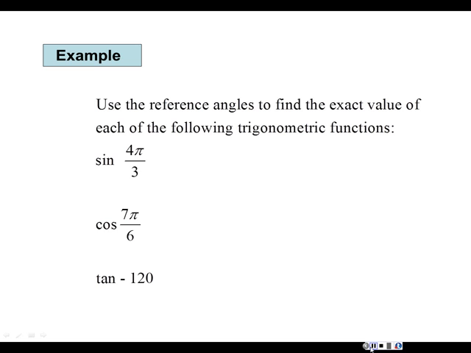Once you get that, let's draw it here, then we'll be more comfortable. So let's draw 210, that's positive 210. We'll be going anti-clockwise here. So the reference angle is going to be 30 degrees, because this is 180 plus 30.